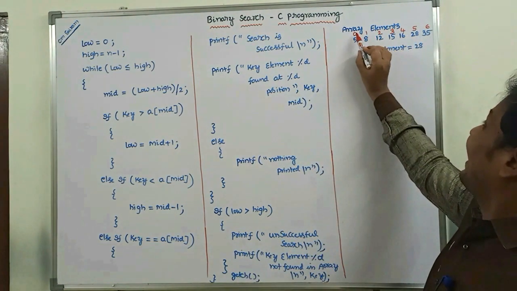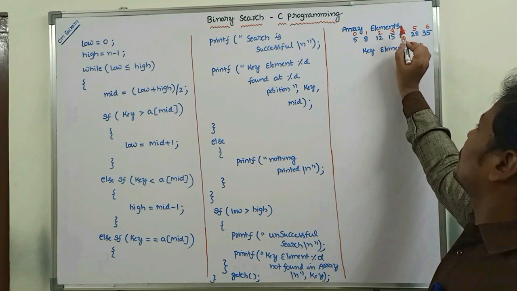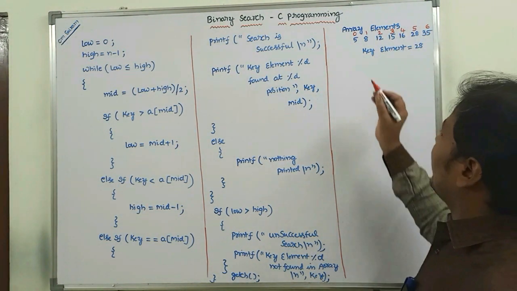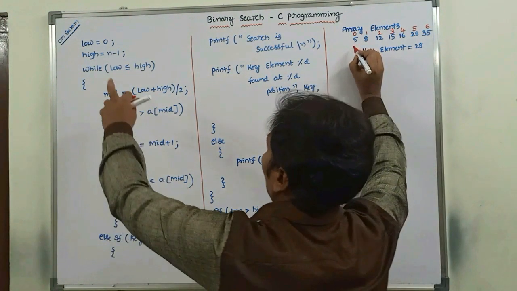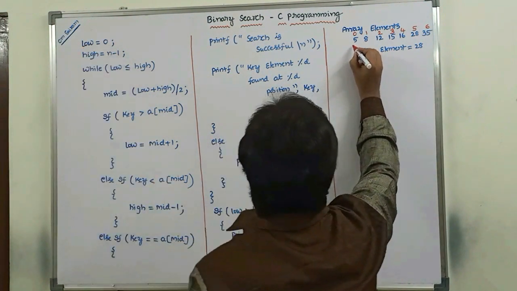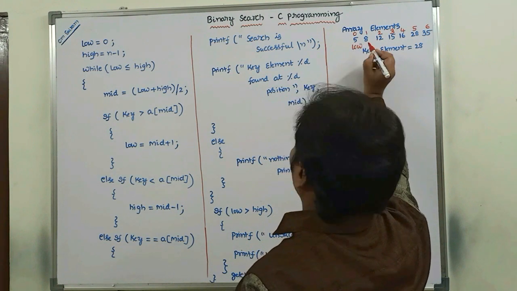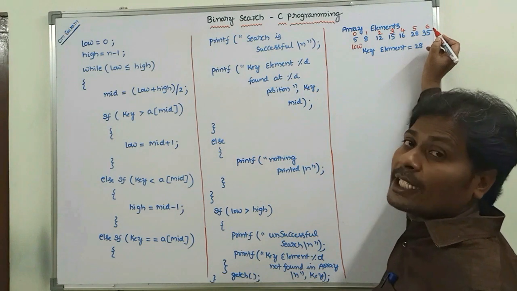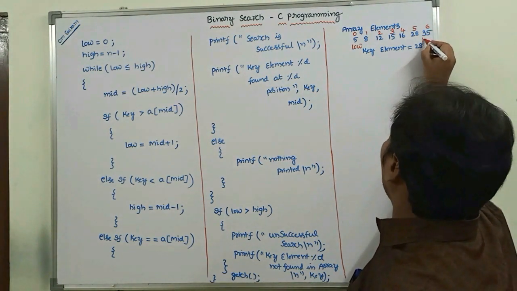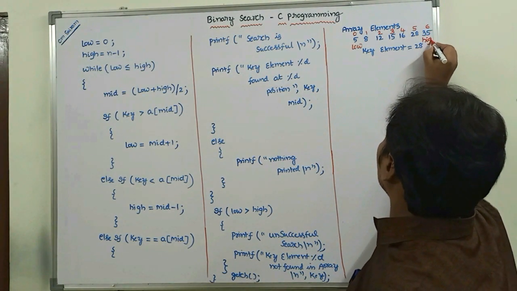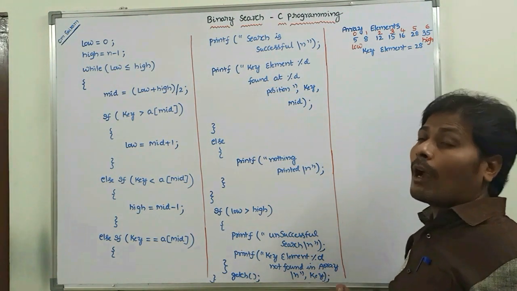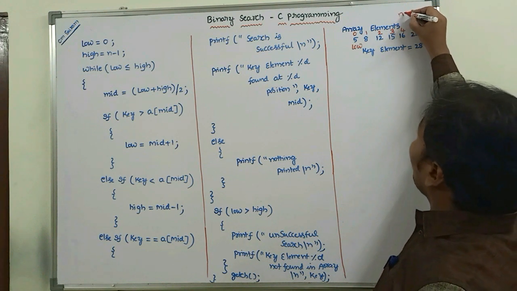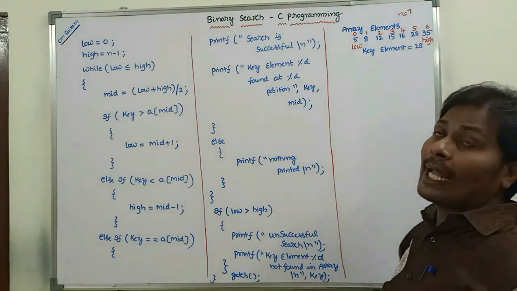So these are the indexes: 0, 1, 2, 3, 4, 5, 6 are the indexes. Here this is the first element, the 0th index can be taken as low. n minus 1 means 7 minus 1, that is 6. The 6th element can be taken as high. So array index starts with 0, ends with n minus 1. I am reading the n value, the required array size value is 7.